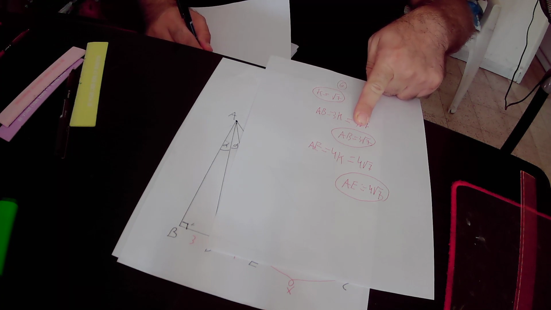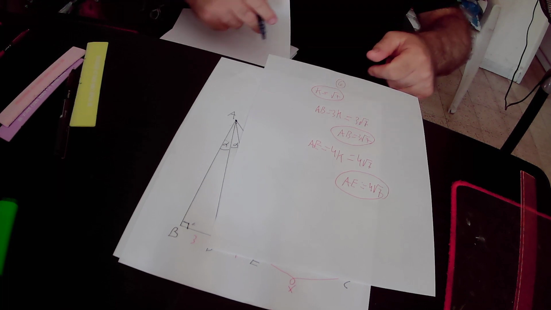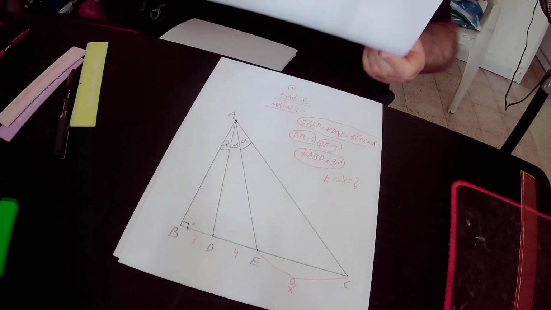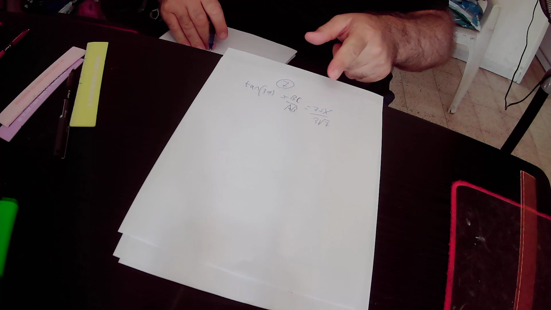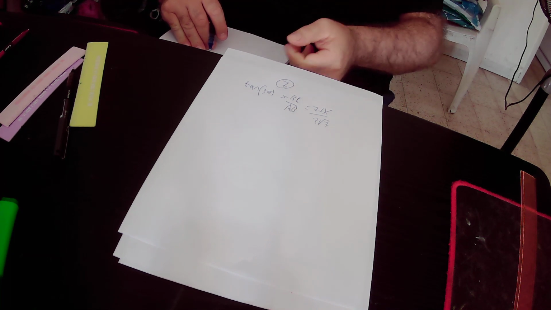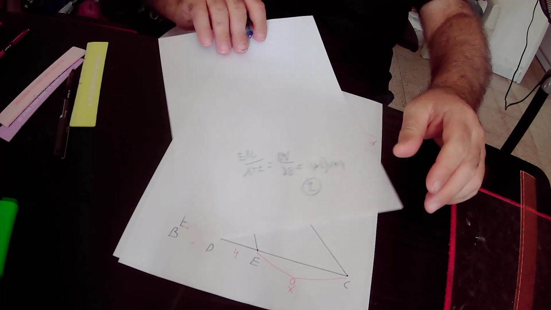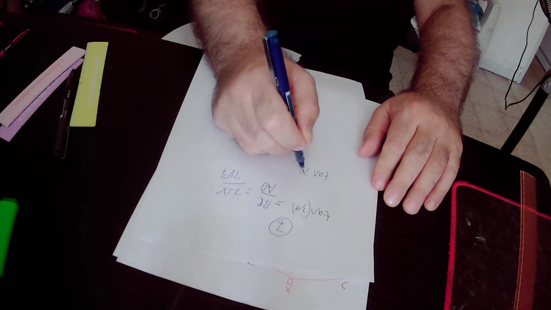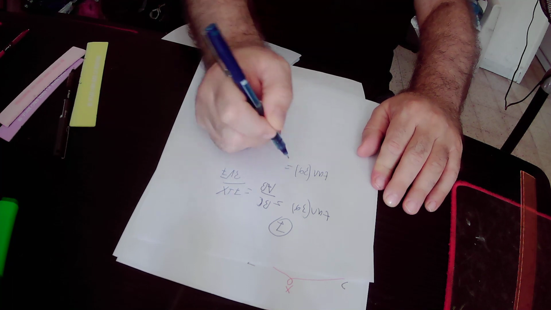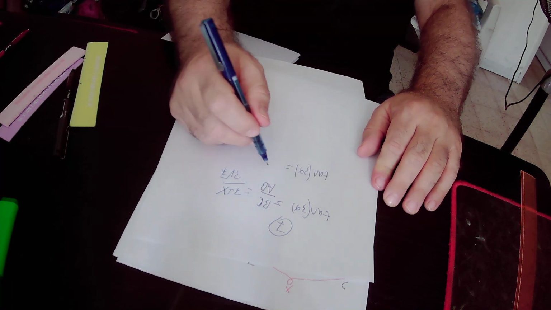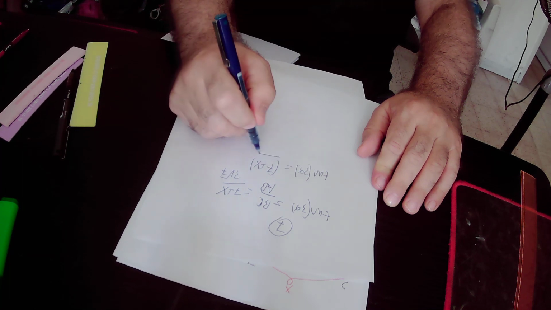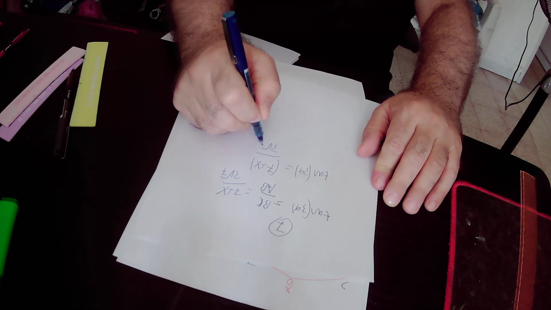So we will substitute AB by 3 times root 7. Okay, so we found out that tangent 3 alpha equals to 7 plus x over 3 times root 7. So I will write it down. Tangent 3 alpha equals to 7 plus x over 3 times root 7.